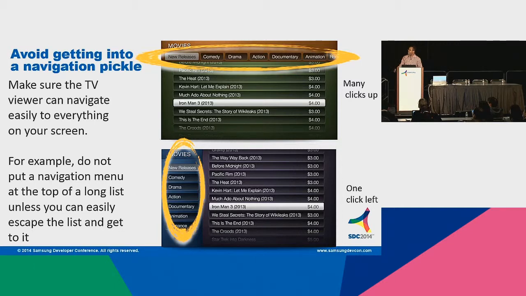So this is what we call the navigation pickle, and this is something to really try to avoid while you're designing. A better option is the one below, where you can just navigate items in a tab structure and then move to the right. But even that one is a bit lacking because there's a lot of items there. And so you'd want to try to reduce that if you could.